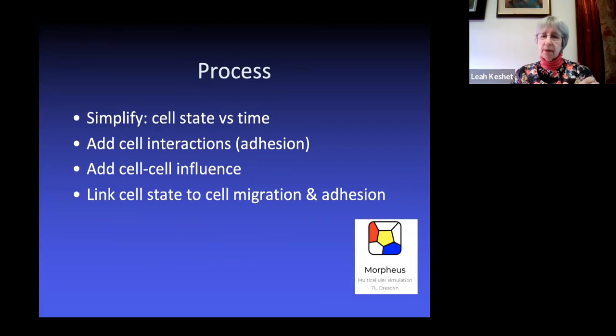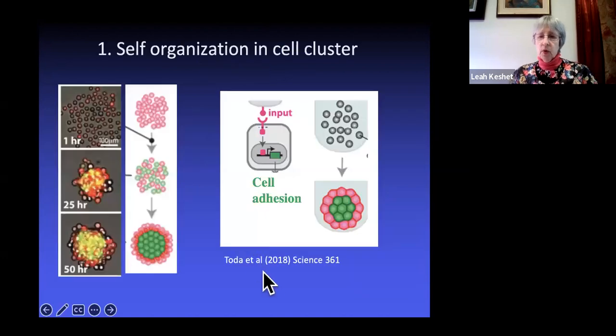So we're not looking at spatial distributions within cells. We're not looking at PDEs inside cells. We're adding cell-cell interactions. We're adding how the internal cell state affects migration and adhesion, but inside the cell, we're modeling things with ODEs.